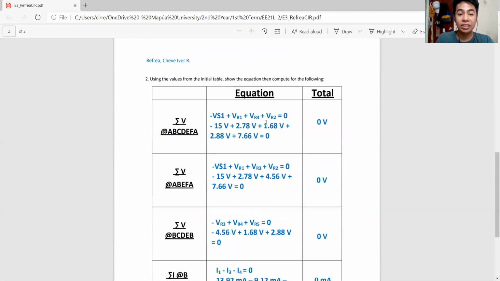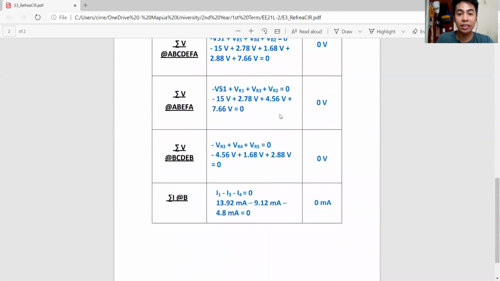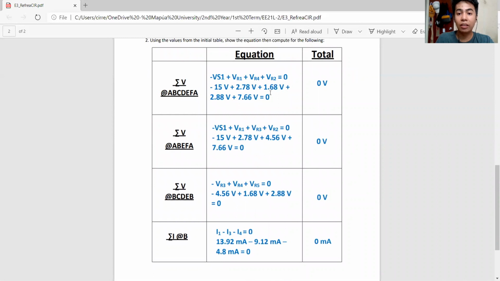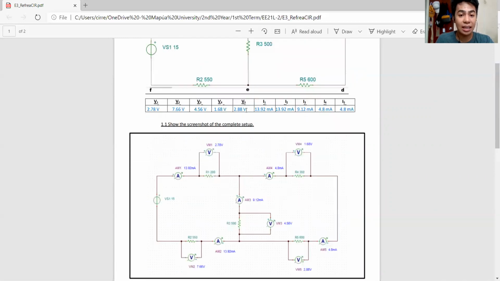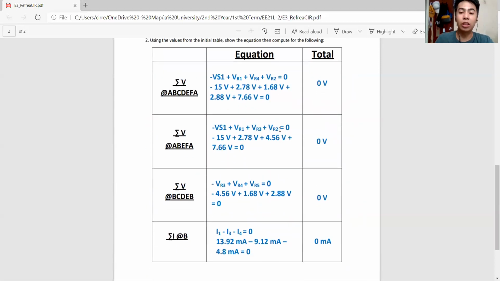The second one is resistor 4, which is here 1.68, as stated here. And the voltage for resistor 2 is 7.66, as stated here. So adding all that up, it will result in 0 volts, as stated in Kirchhoff's voltage law. So we are correct in this predicament.